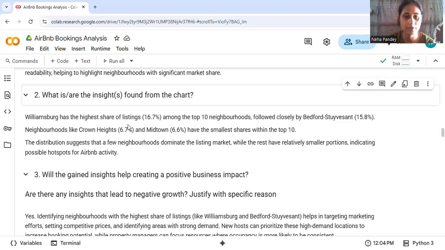Williamsburg has the highest share of listings at 16.7% among the top 10 neighborhoods, followed closely by Bedford-Stuyvesant West at 15.8%, then Crown Heights at 6.7% and Midtown at 6.6%.